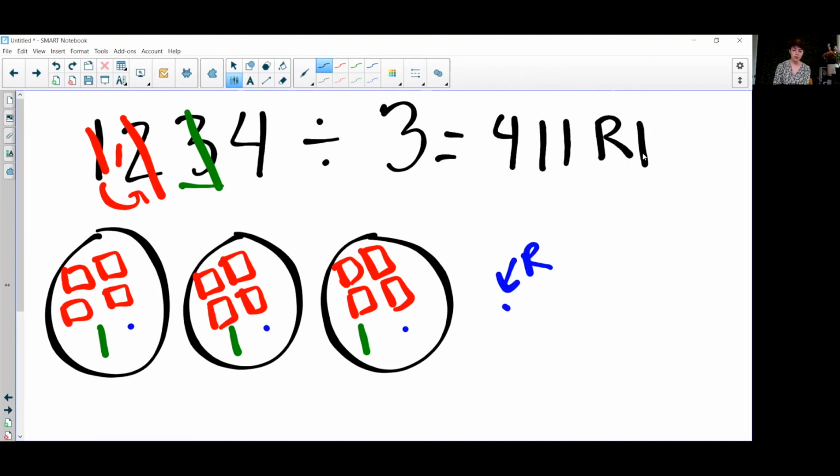In this final problem, I had to notice that I had a thousands place, and the thousands place could not be broken into equal groups, so I regrouped it into the hundreds. The other interesting thing about this problem is that you have one remainder left over. And remember, we always write that remainder onto our final answer there at the end.